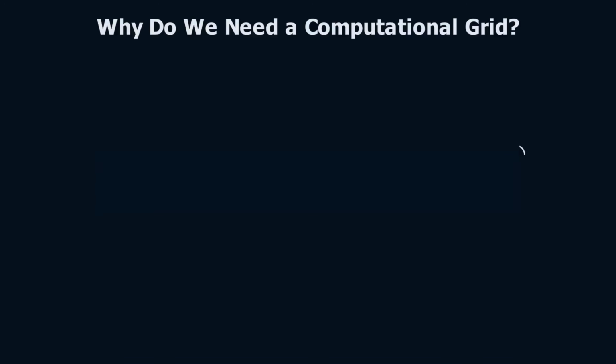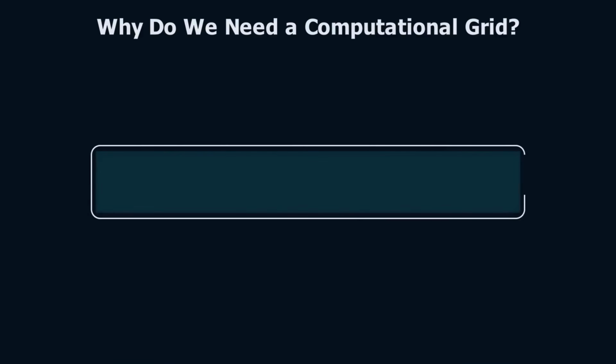Let's begin with something familiar. A pipe carrying fluid. Every part of this fluid is moving. Suppose we measure the velocity at one tiny location. At this point, the fluid has one specific velocity. Move somewhere else, and the velocity changes.